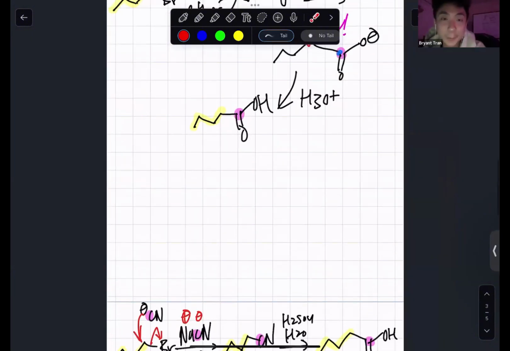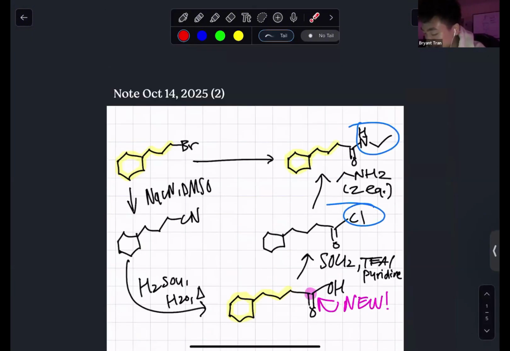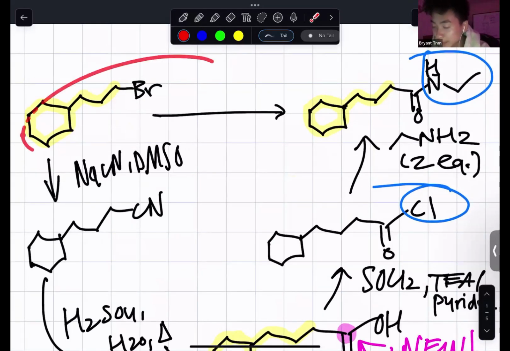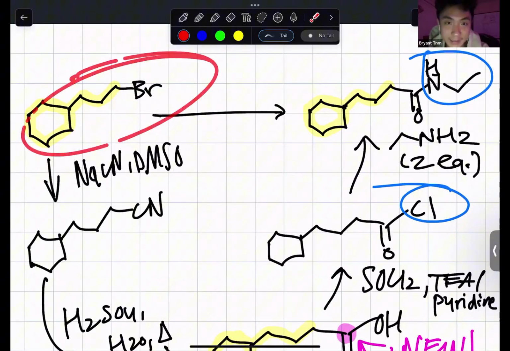Yeah, it depends on the reactant molecule actually. In this reactant molecule here, it doesn't matter what method you use, right?